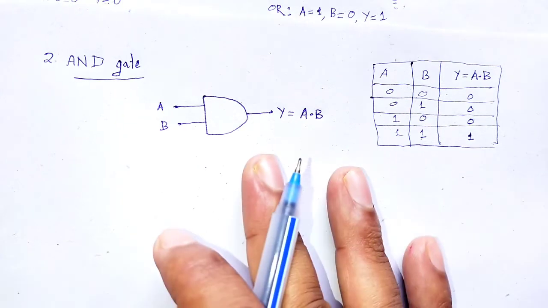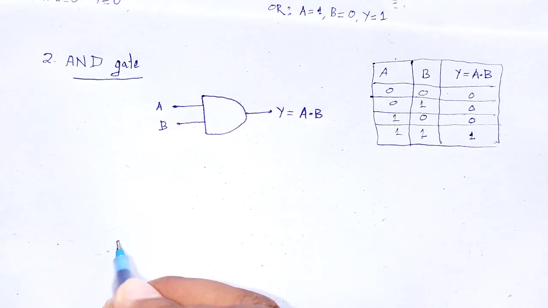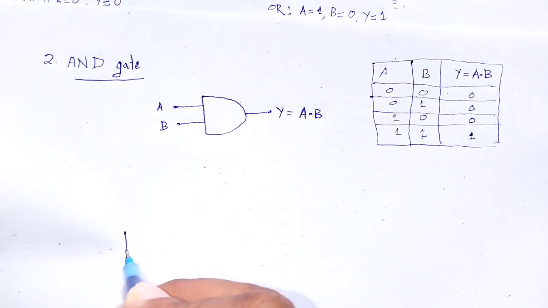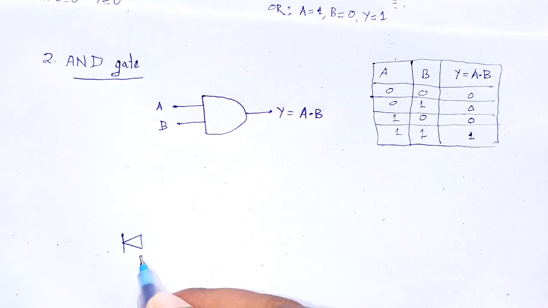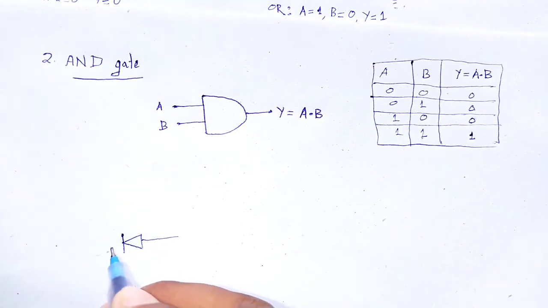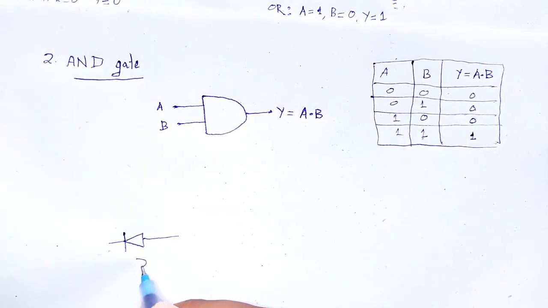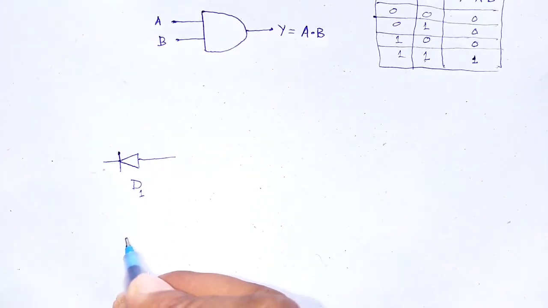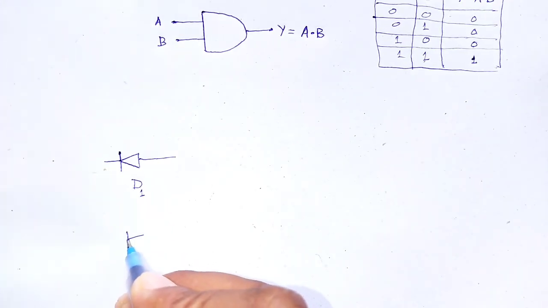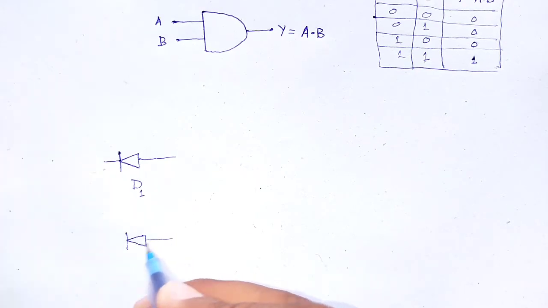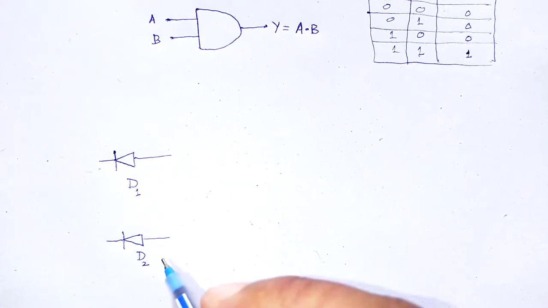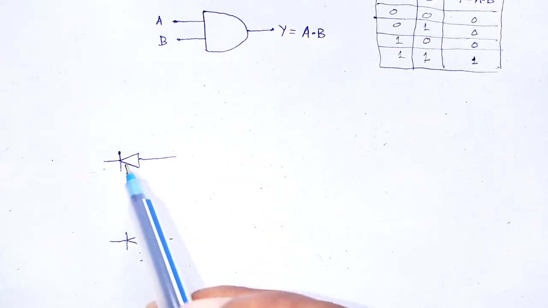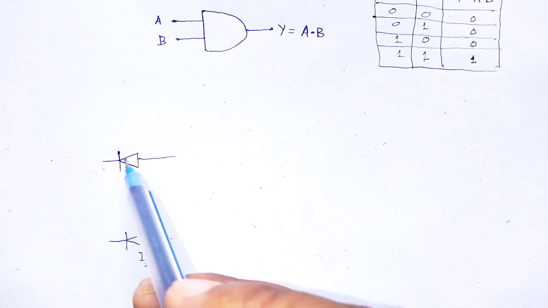In a similar pattern, here the diode is the N type, D1, and another diode D2. For both diodes, the input goes towards the diode through their cathodes.